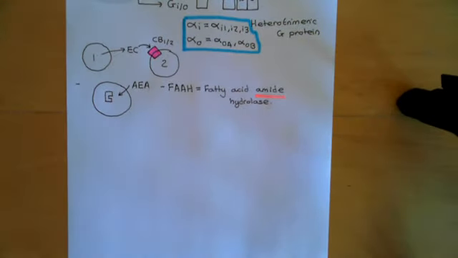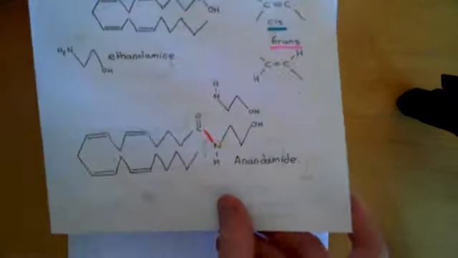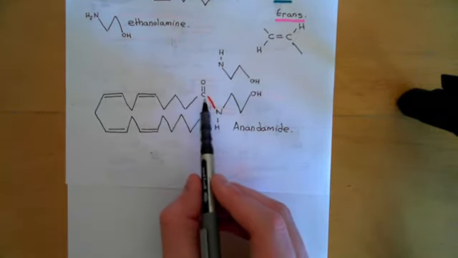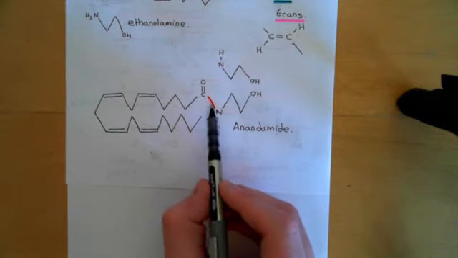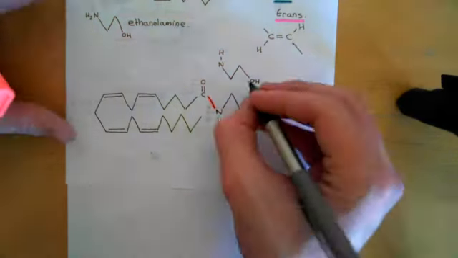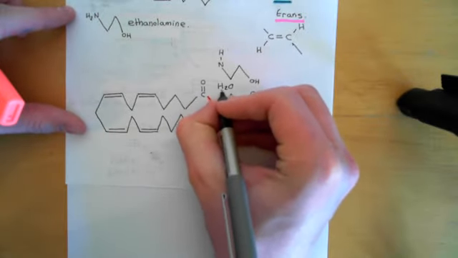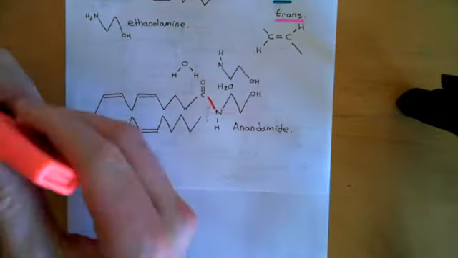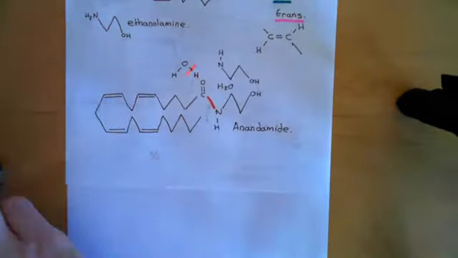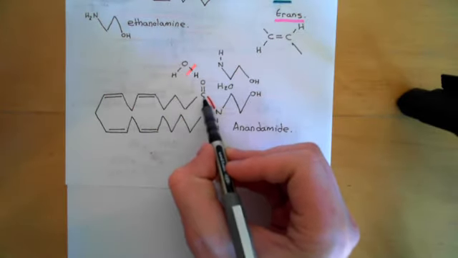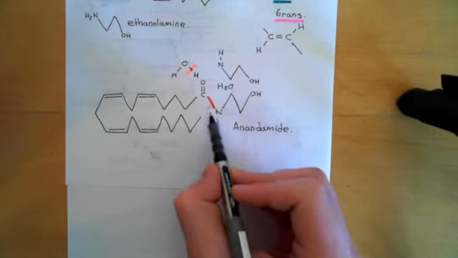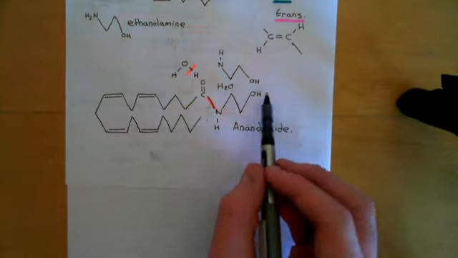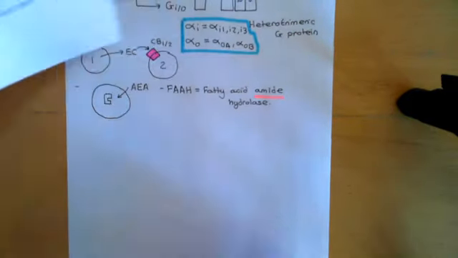So if I just get the structure of anandamide back, here is our structure of anandamide. Here is the amide bond here. Basically, fatty acid amide hydrolase is a hydrolase enzyme. It's capable of bringing in a water molecule, H2O, and splitting that water molecule up, binding this alcohol group onto the carboxylic acid group here, binding the hydrogen onto the amino group, and therefore creating our arachidonic acid molecule back again, and the ethanolamine molecule back again.